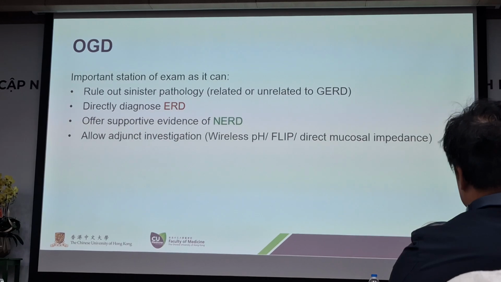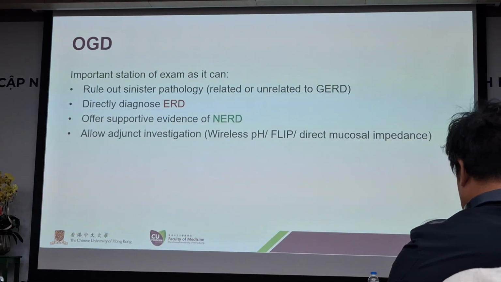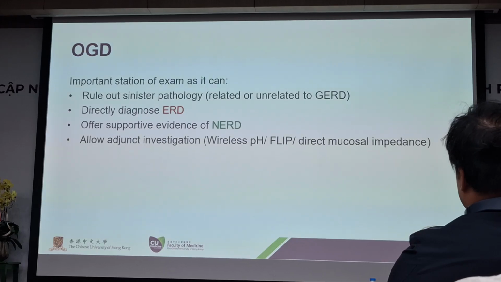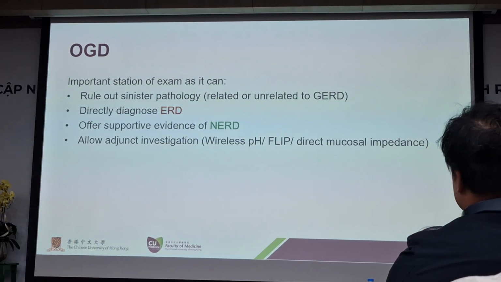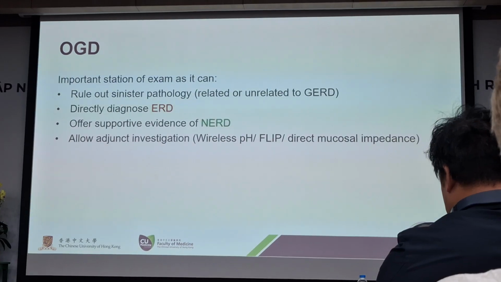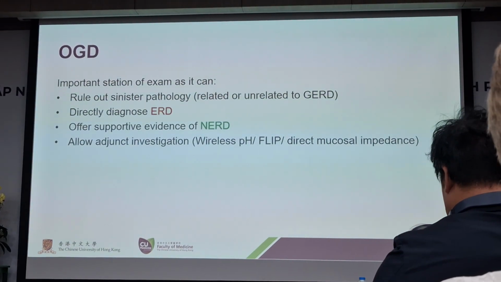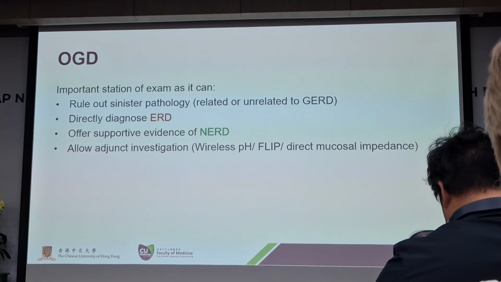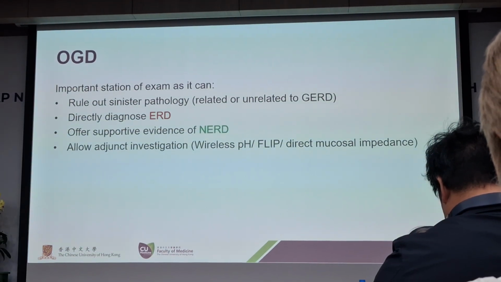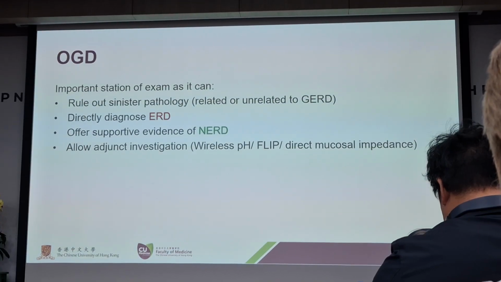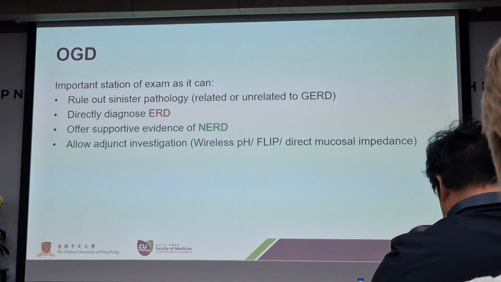So first of all, going to OGD, I think almost all of you would have some experience with performing OGD, and we do OGD in the same way, but when it comes to GERD you probably want to do it differently, because it's a very important station of investigation. First of all, you want to make sure that the patient only presents with GERD, but not other more sinister pathology like esophageal cancer.